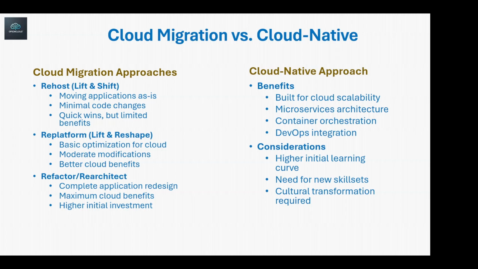So the approach of building your application as microservices itself is a cloud native approach. That means you're doing development native to the cloud, because microservices are very compatible with containerizing the application and deploying those containers on Kubernetes services or any such container orchestration platforms. It also encourages you to use maximum PaaS, platform as a service, services.